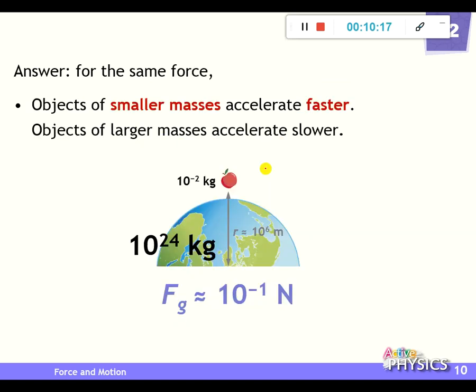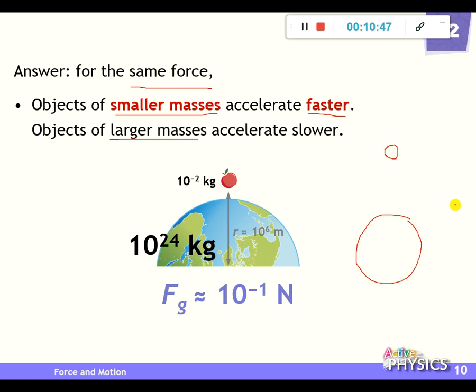Okay, of course yes. But look at this. The answer is this, because the force acting between them should be the same. Objects of smaller masses accelerate faster. Larger masses accelerate slower. Actually here, initially this one is the apple, this one may be the Earth, initially like that.